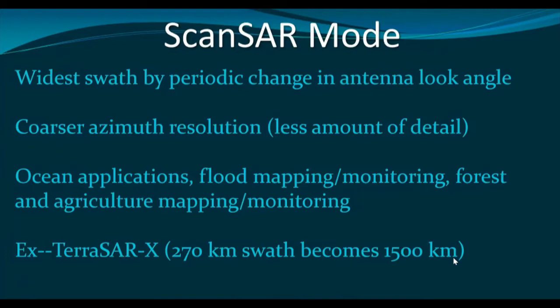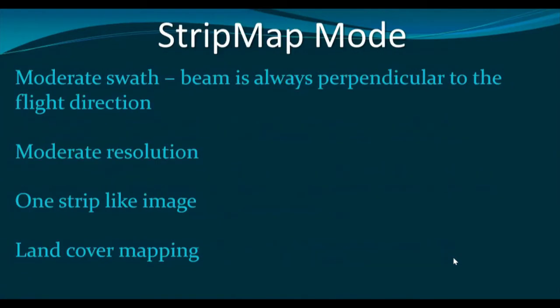So depending on the application, we can go for the ScanSAR mode, or we may go for the Strip Map mode. Strip Map mode is similar to push broom scanning, and one strip of imagery can be obtained.